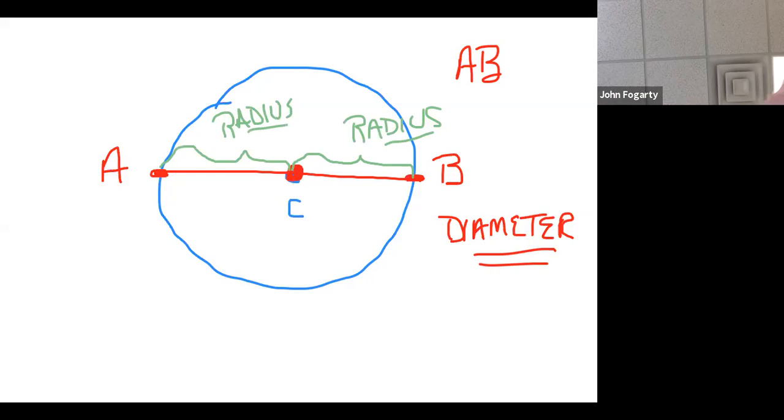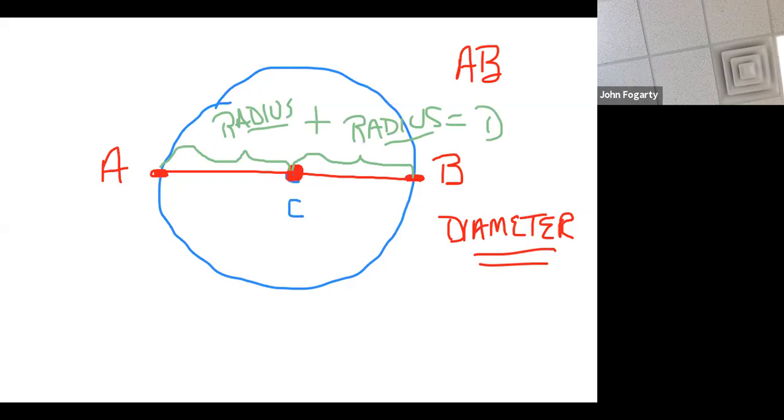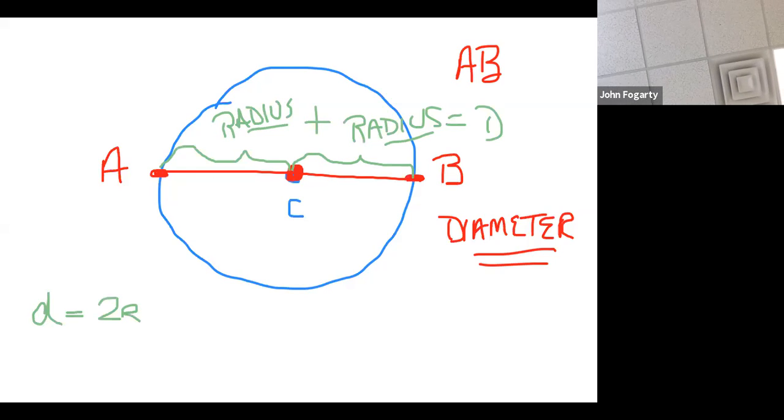What do you get if I put them together? You get a diameter. So you need to keep that in your head: the diameter is always equal to 2 times the radius. That's going to be more important for us in a few minutes, all right?